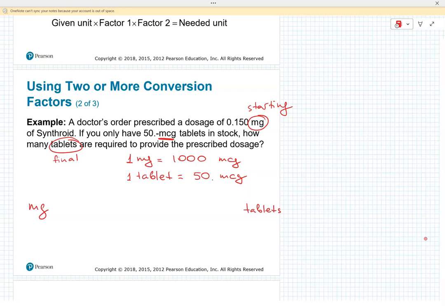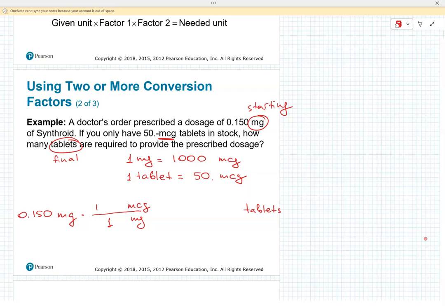Okay. So we will need to use two conversion factors. Which conversion factor would you use first? What goes on the bottom? What is the number at the bottom?